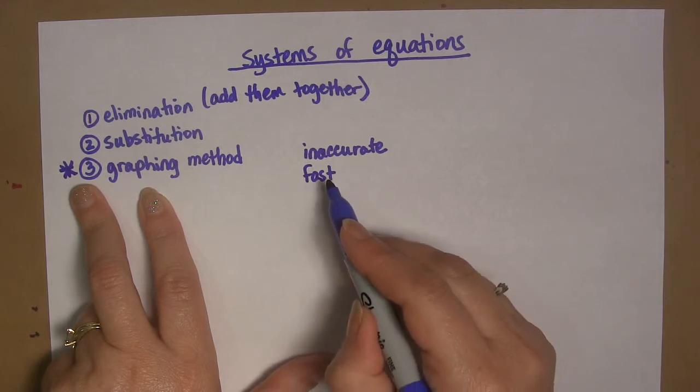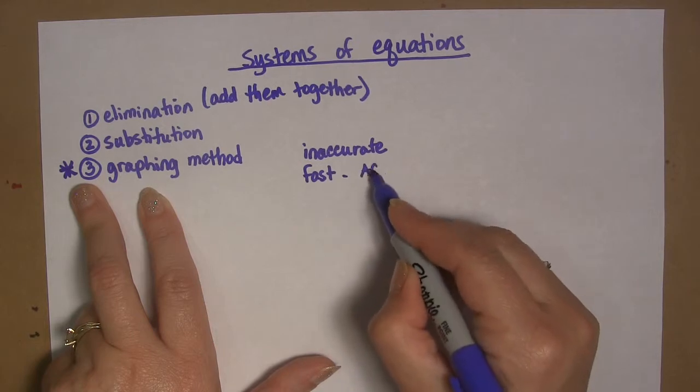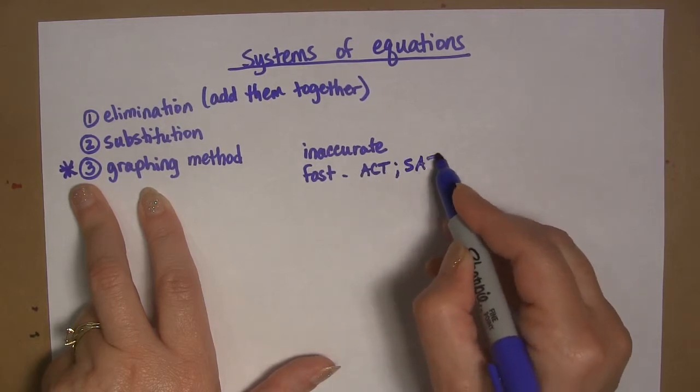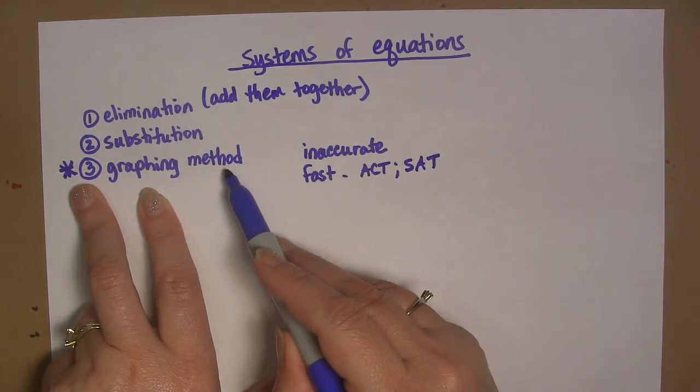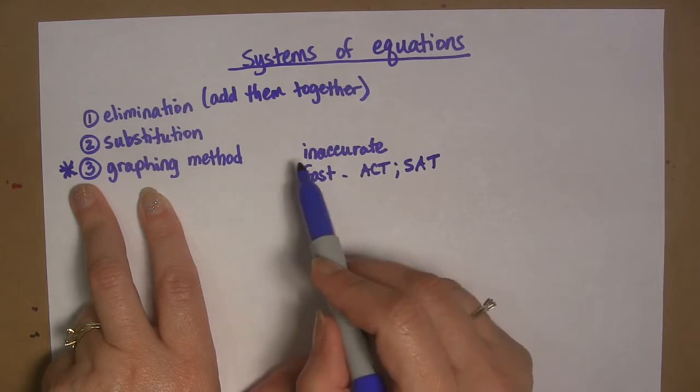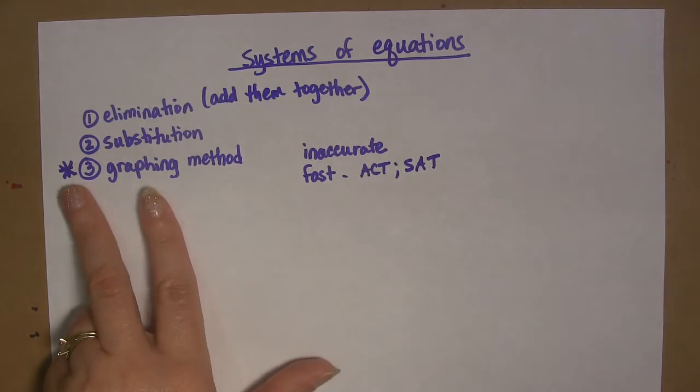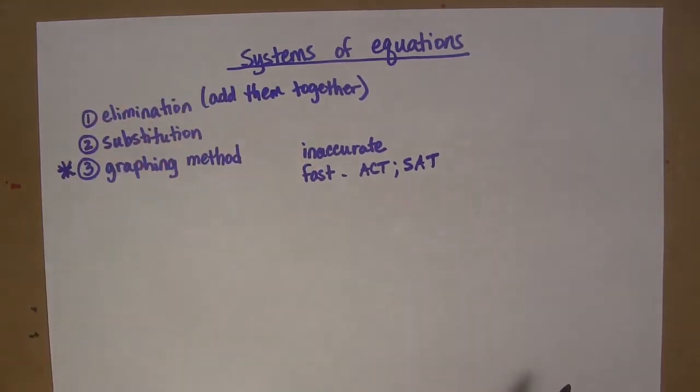And this is nice because when you are taking standardized tests like the ACT and the SAT, many times you can graph a quick solution and get an answer much faster than actually solving for X and Y. So we're going to do an example three different ways so that you can see what's happening.